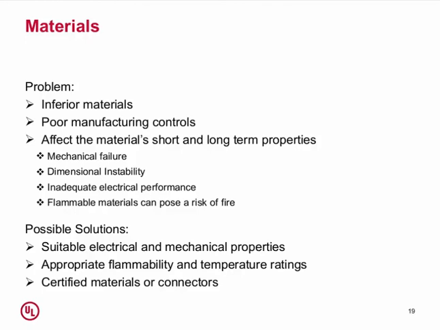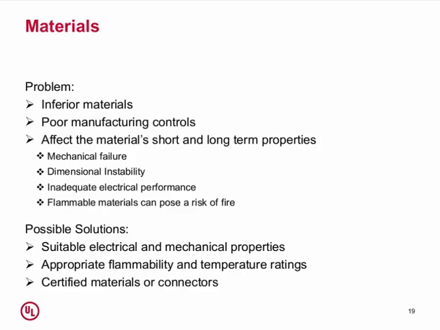Poor manufacturing processes can affect the materials' short and long-term properties. These result in mechanical failures, dimensional instabilities, inadequate electrical performance of the materials, and then flammability of the materials themselves.